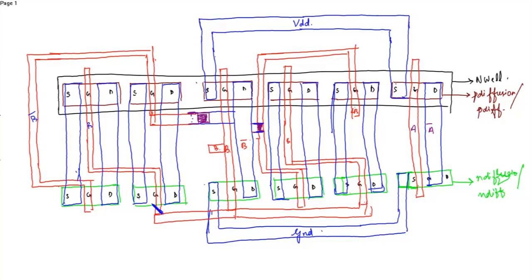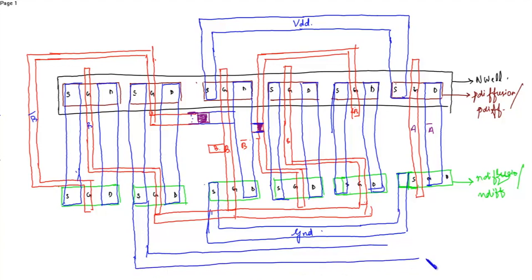So first connect to A bar. This is A bar. A bar, A bar. This is connected to ground.